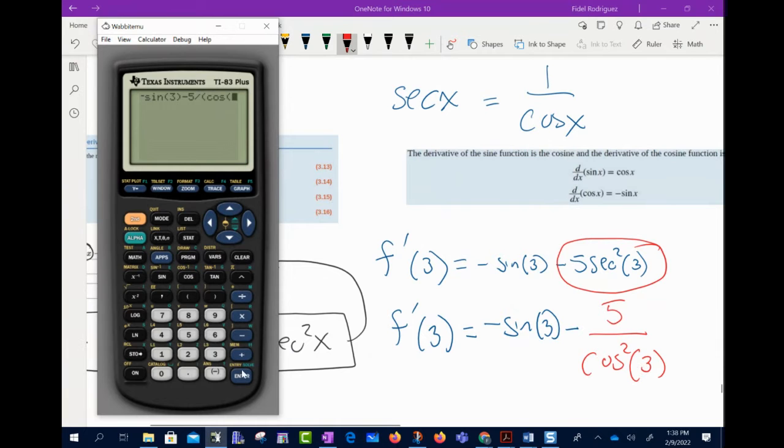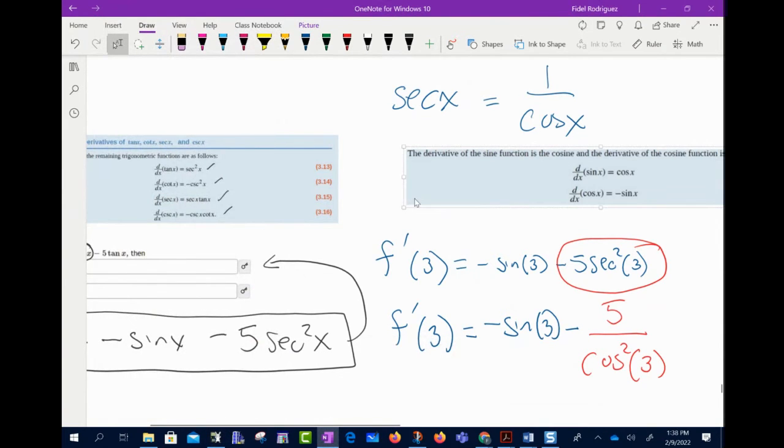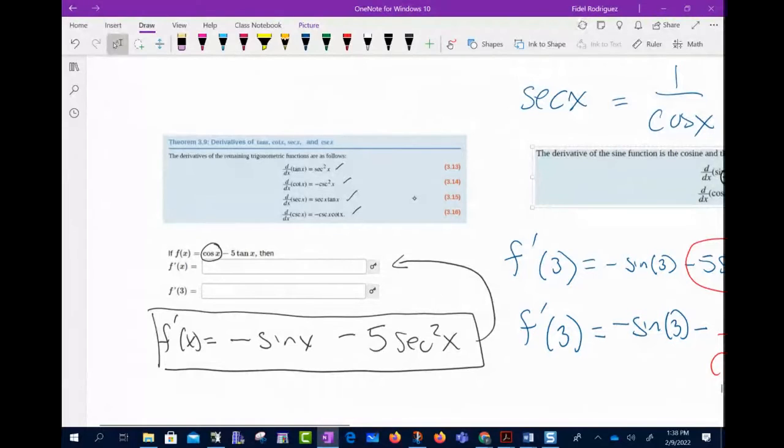What are we evaluating at? 3. And because it's cosine squared, I have to square that part. I'm going to hit enter, and I'm coming up with negative 5.2427. So I'm going to enter in negative 5.2427, and I'm done.